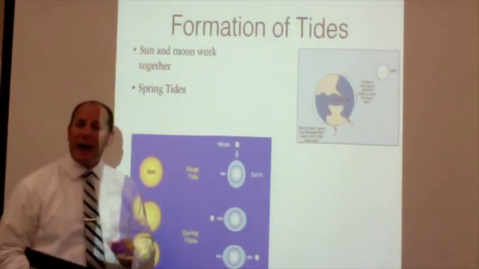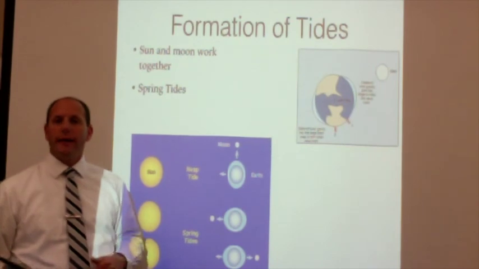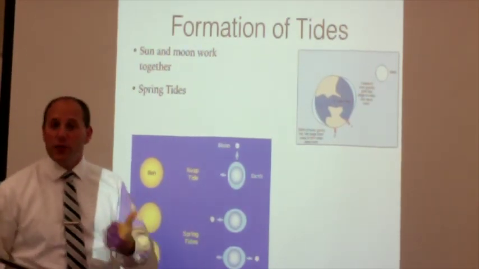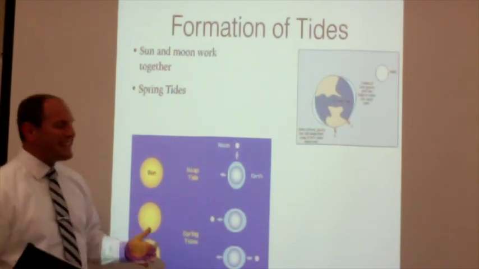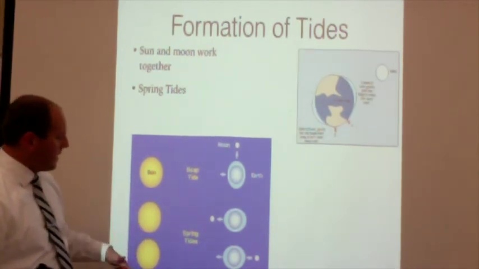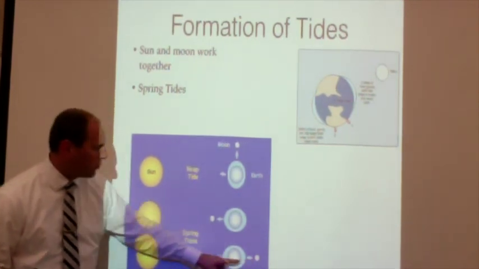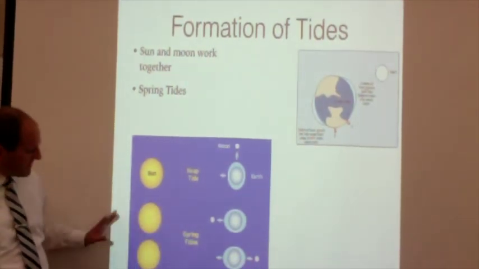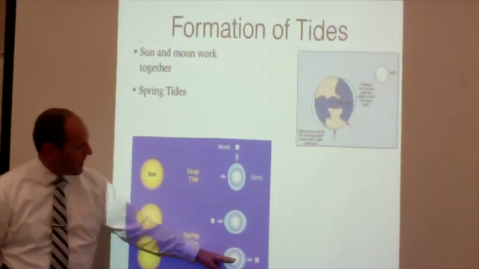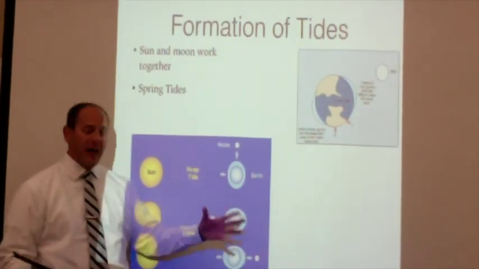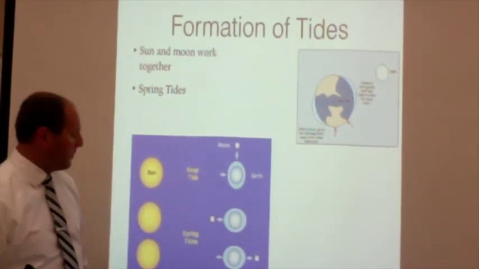Now, a couple things you have to understand very quickly about the sun and the moon is those phases of the moon. We have full moons, we have quarter moons, we have new moons. When it's a full moon, that means the Earth is actually between the moon and the sun. So the sun's rays hit this face here of the moon, and then we see that full reflection of the sun's light off of the moon.